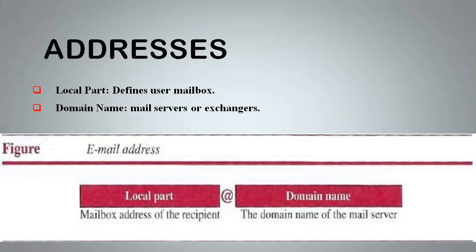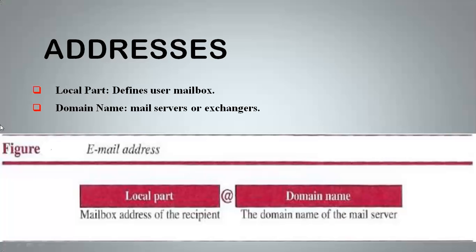Different domains are available, such as Yahoo, Rediff Mail, Gmail, Hotmail, etc. The email address contains two parts. The first part is the local part, and the second part is the domain name, which denotes the name of the mail server or exchange, the service provided by the mail.